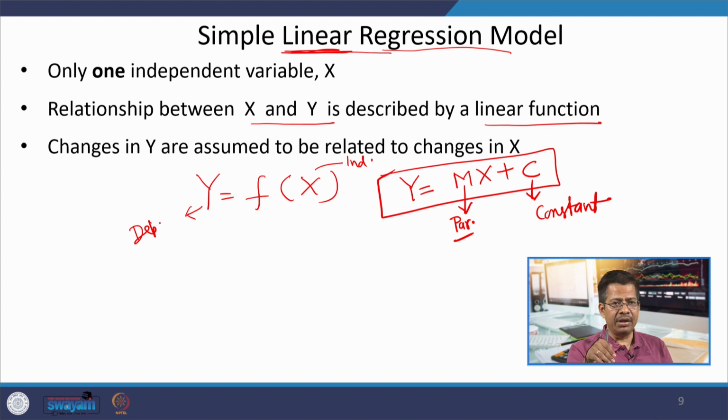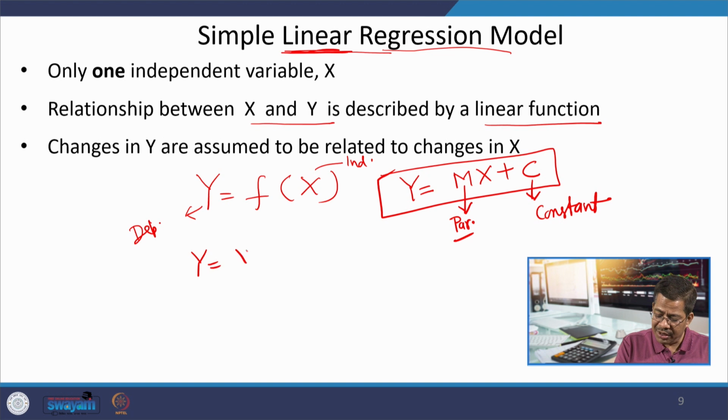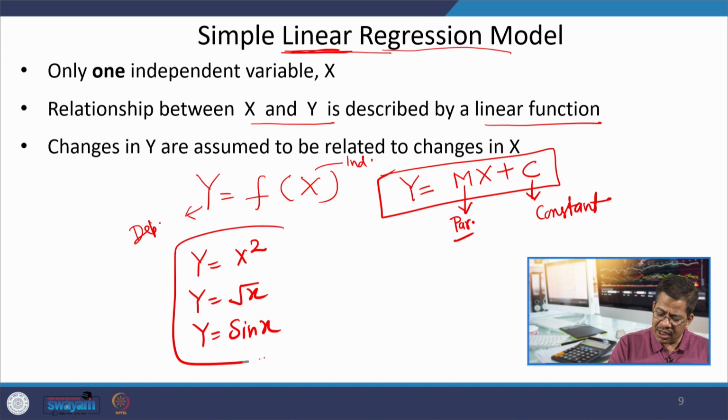However, there may be more complex relations between y and x, but we are beginning our discussions. So, I am considering only the simple linear regression model. In some case, let us say y equals x square, this is another possibility, y equals under root x, y equals sin x, all these are other possible relations.